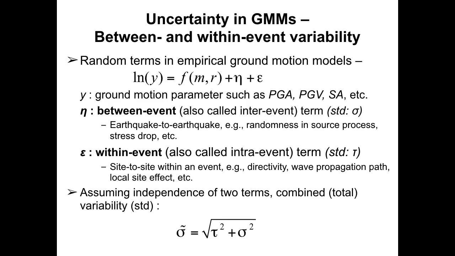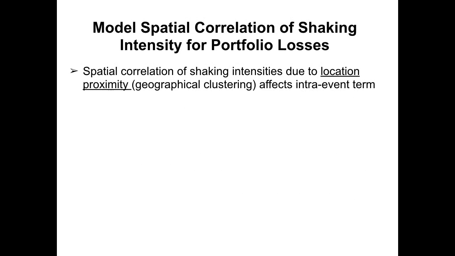So these sorts of effects tend to cancel out within large portfolios, and it's important to keep track of these uncertainties separately so that we can understand and account for the effects on a portfolio-wide loss basis. Now, there is spatial correlation of the losses from the intra-event term.